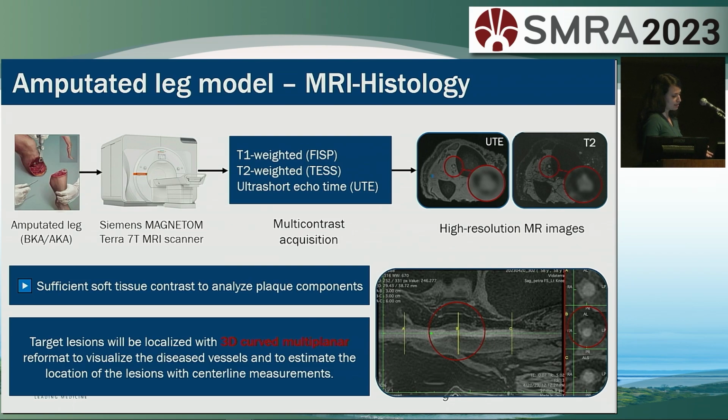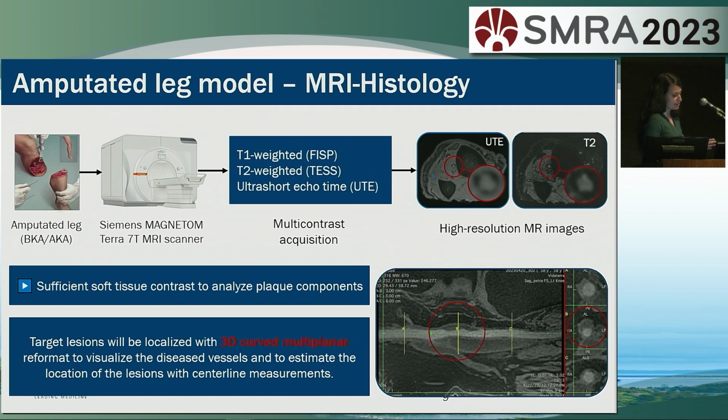So our MRI protocol provides sufficient soft tissue contrast to analyze plaque components, and it is also able to differentiate between hard and soft lesion components, which is based on the different echo times of collagenous and calcified tissues.